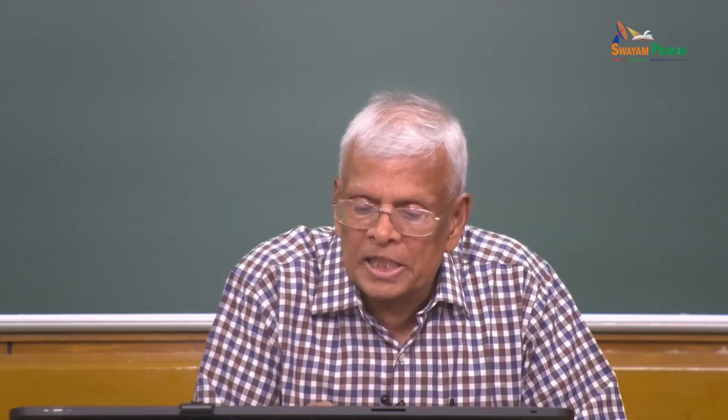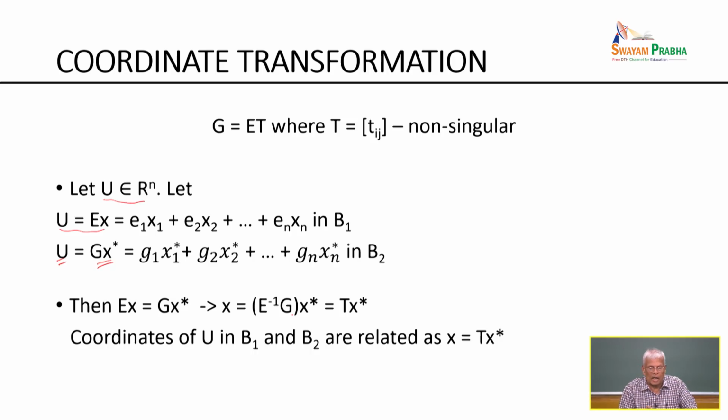Therefore, X is equal to E inverse G x star. I multiply both sides by E inverse on the left. But E inverse G is equal to T because that's what is given in here. Therefore, coordinates of U in B1 and B2 are related by X is equal to T x star.